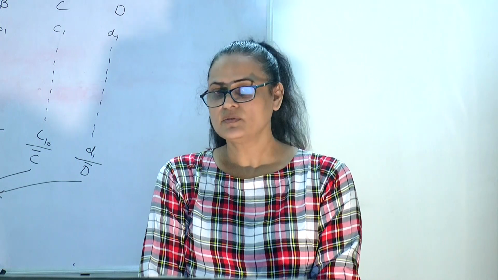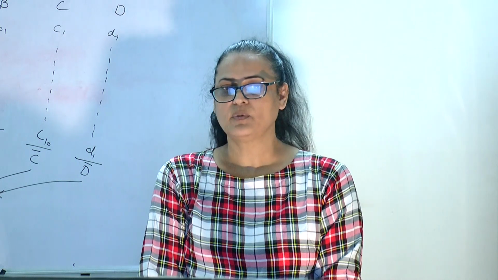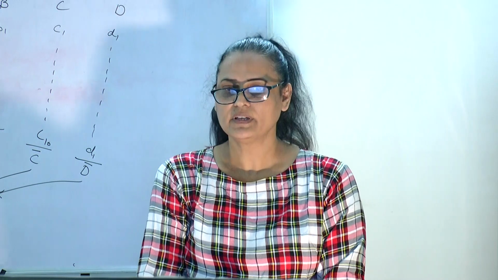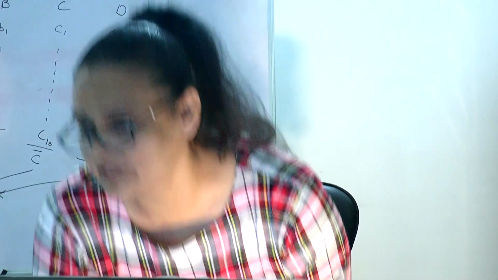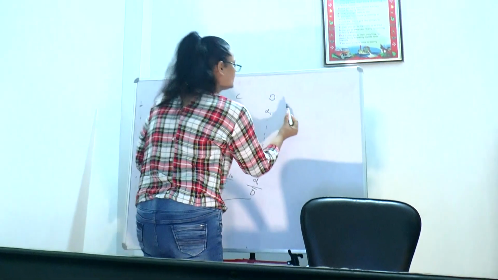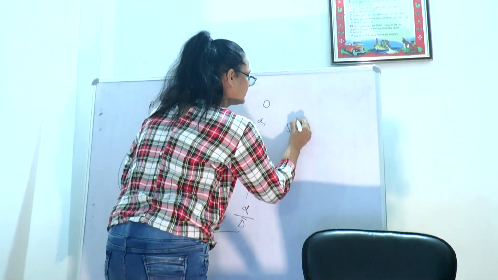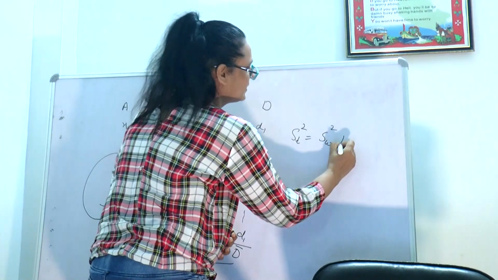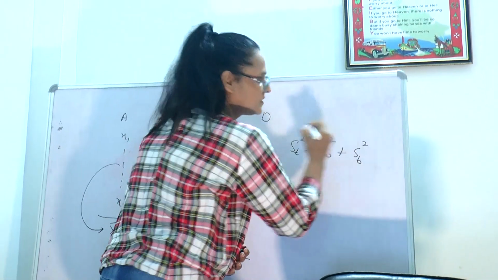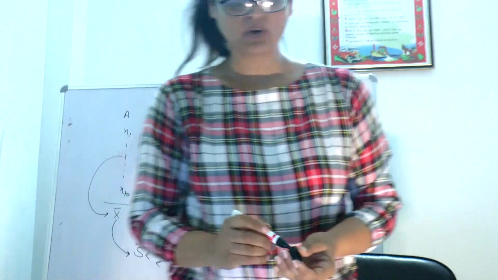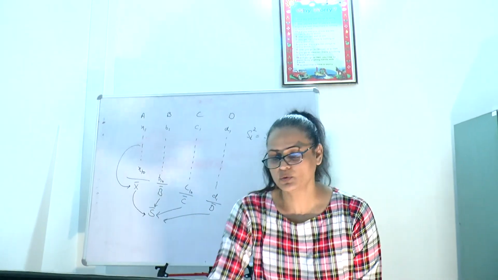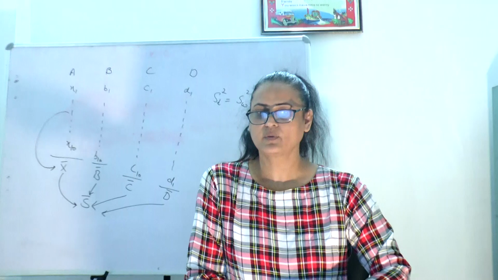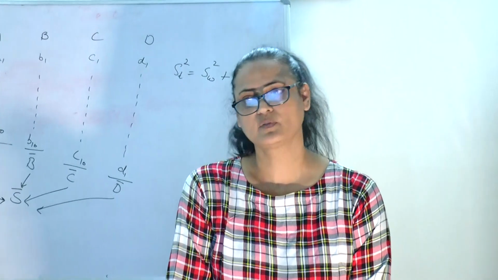Mathematically, the total sum of squares ST squared is equal to SW squared, the within group sum of squares, plus the between group sum of squares, because we have broken the analysis of variance into two parts: within group sum of squares and between group sum of squares.